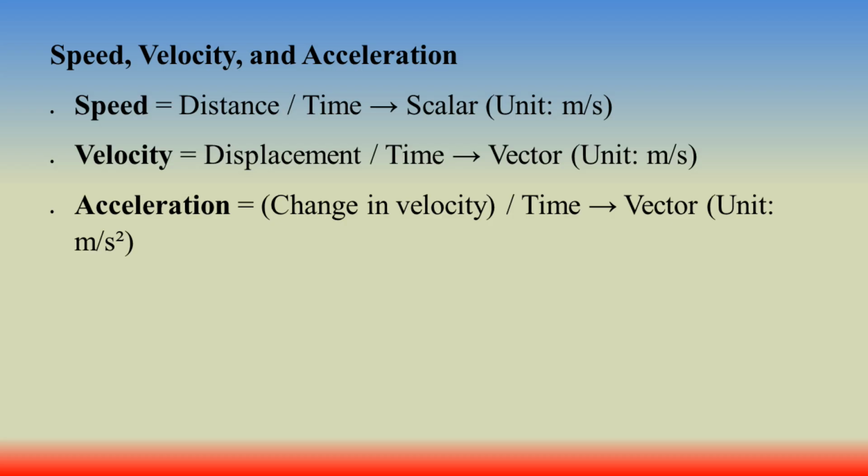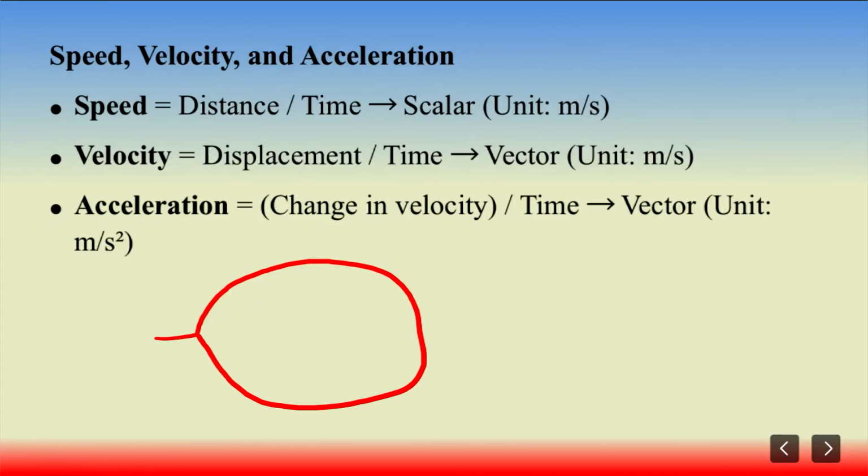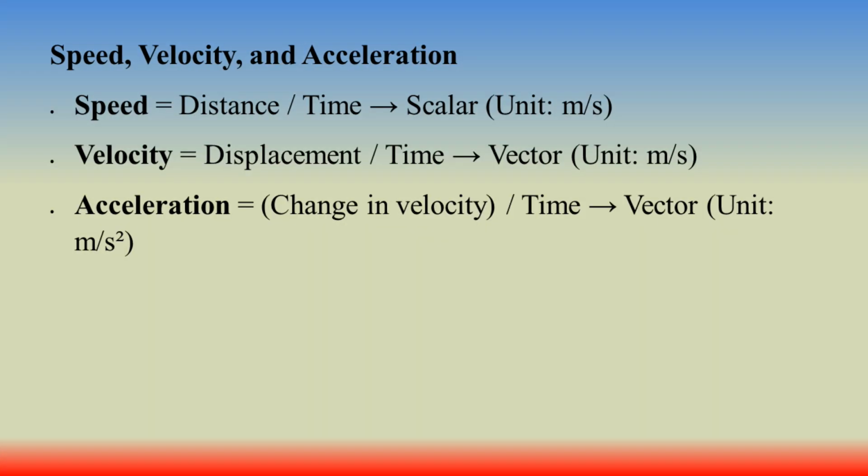Acceleration is the rate at which velocity changes over time. If an object speeds up or slows down, it is accelerating. For example, a car going around a curve at a constant speed is still accelerating because its direction is changing.